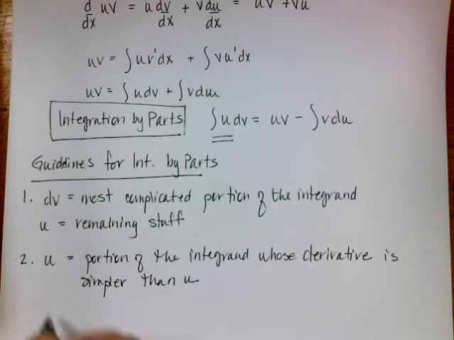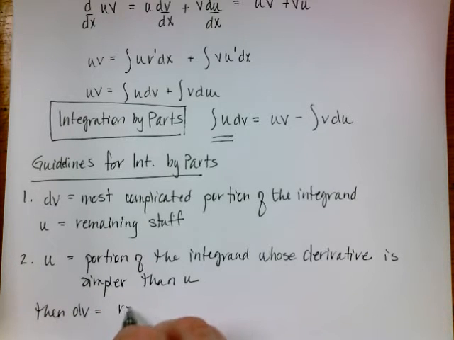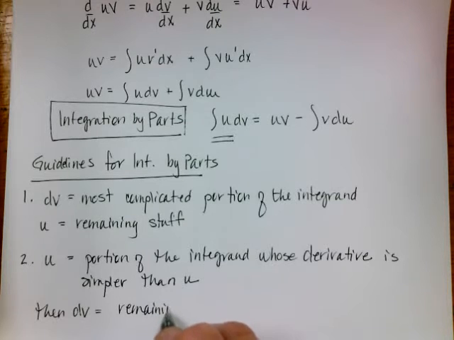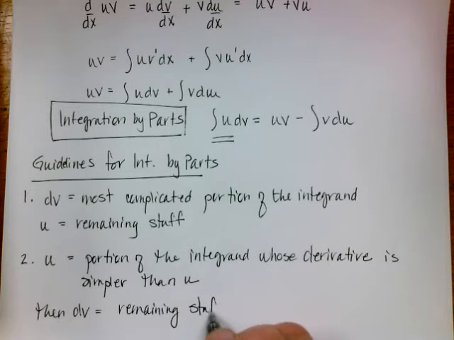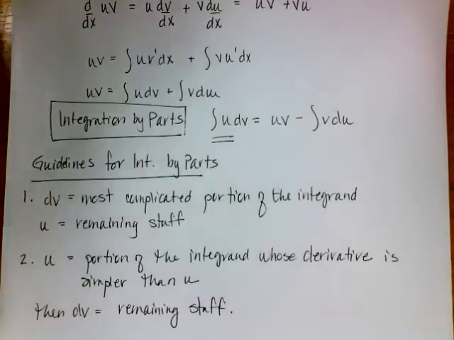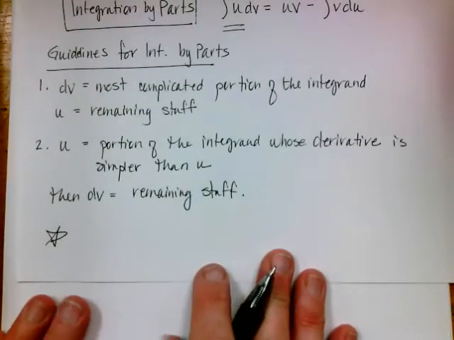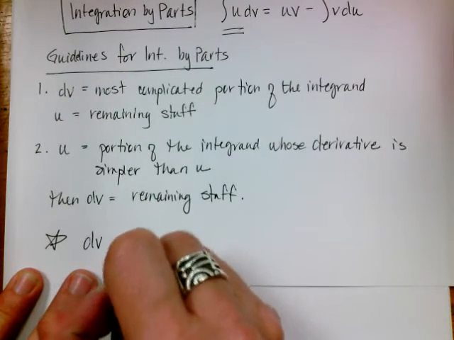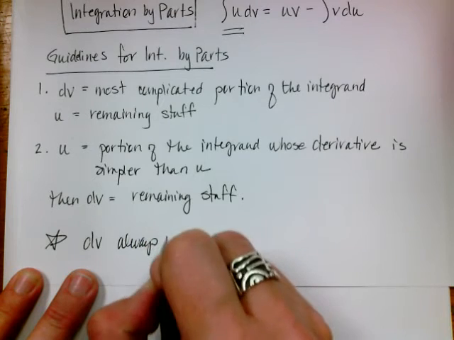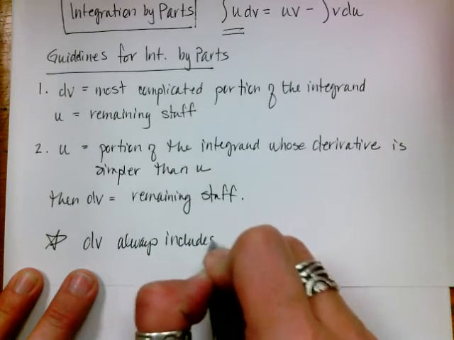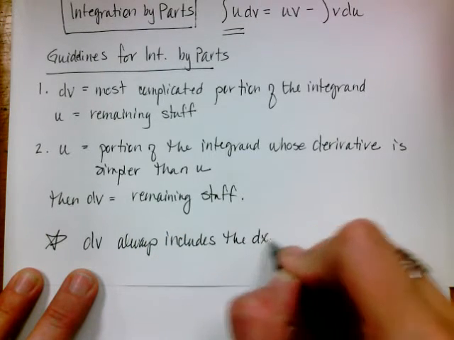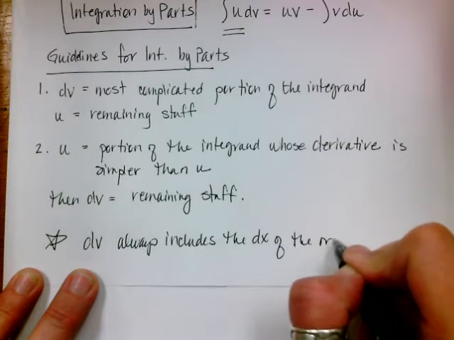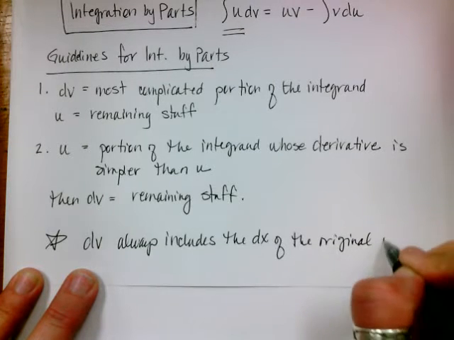Then dv is everything else, so it's going to be your remaining stuff. The thing that is important, and I'll put a star by it, is dv always includes the dx of the original integrand.